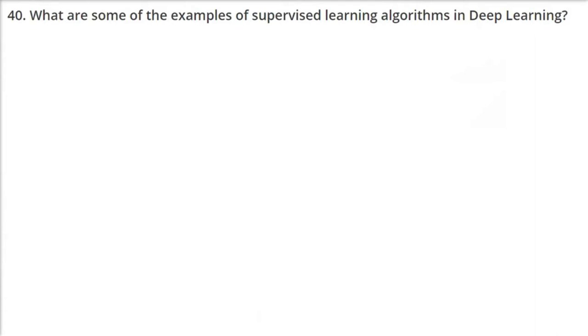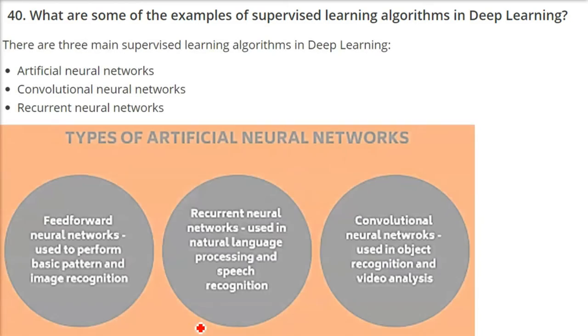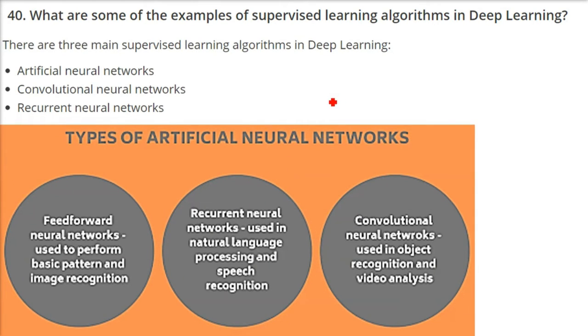What are some examples of supervised learning algorithms in deep learning? The main supervised learning algorithms are the artificial neural network, the convolutional neural network, and the recurrent neural network. Artificial neural networks are feed-forward neural networks, used to perform basic pattern and image recognition.